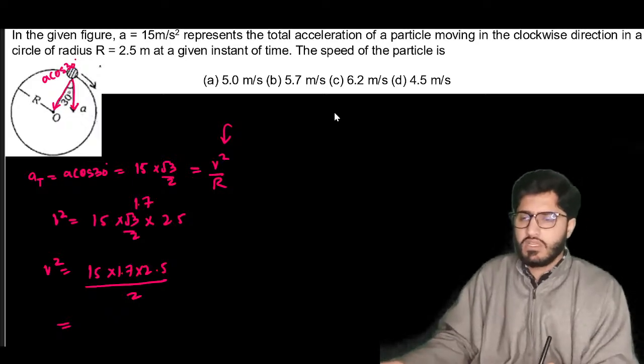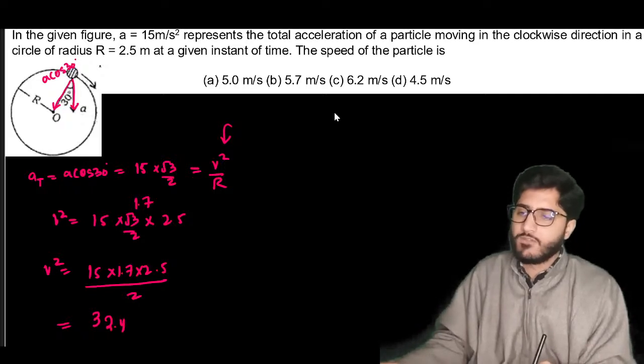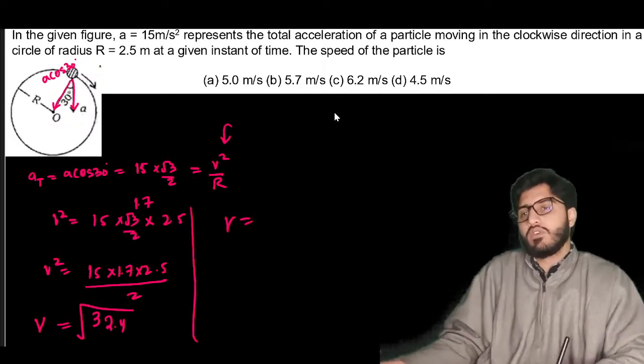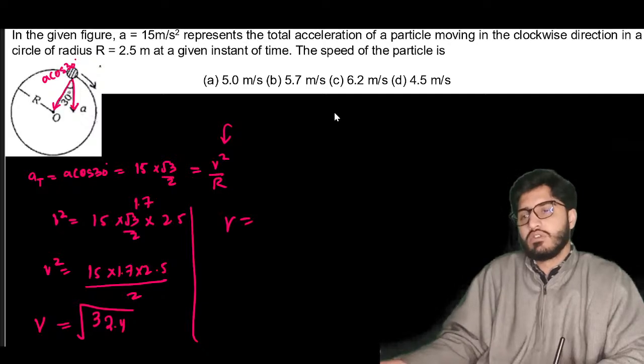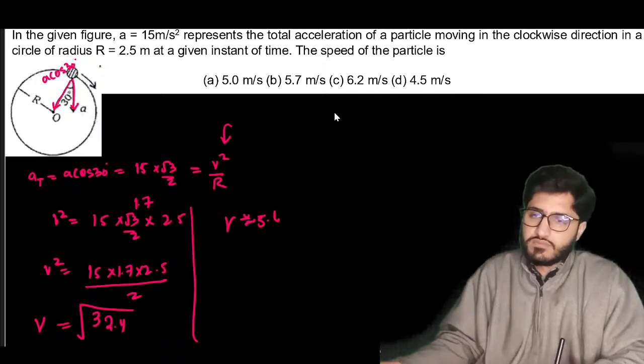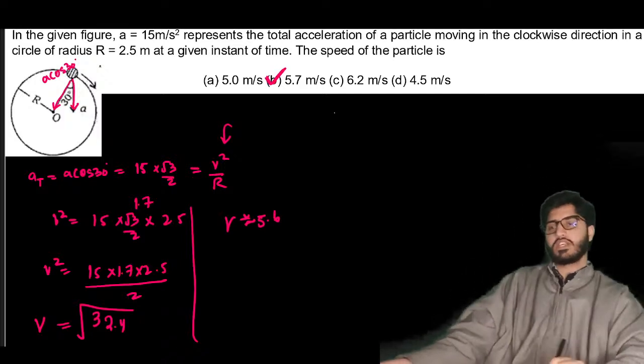I guess we can write 32.4, something like that. So V is a root of that. I guess it came out to be approximately 5.6. No, I think 5.6 is close to 5.7. Yeah, this is the correct option.